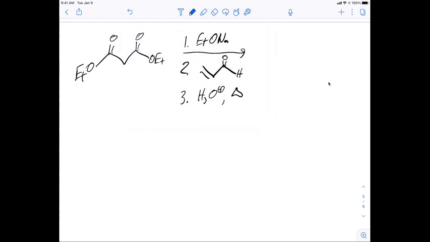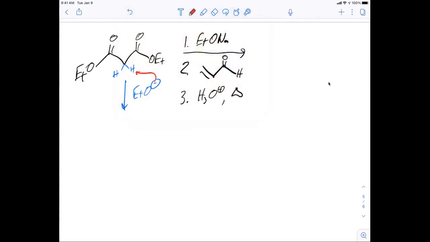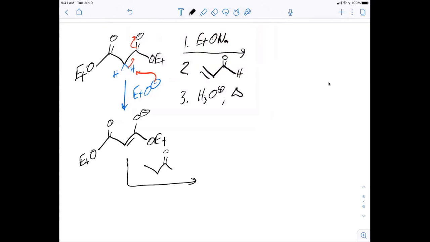All right, let's look. So the first step is the enolate. So it's going to pull a proton, right? That's the most acidic proton. So that's the product of the first step. And then this is going to react with our beta position.